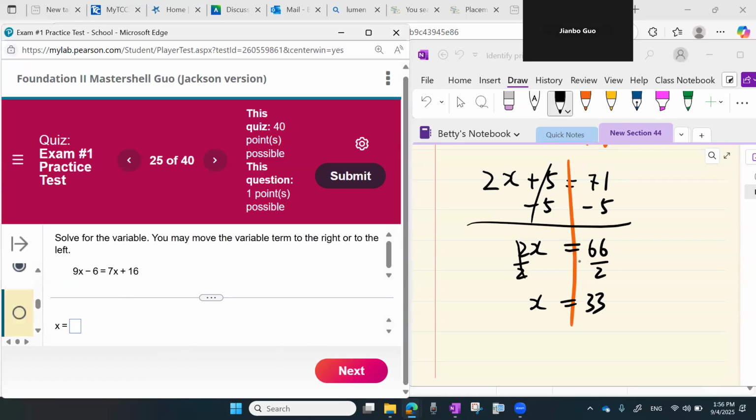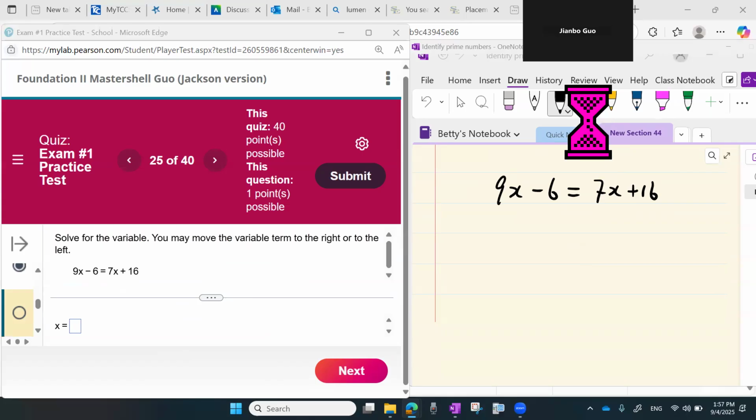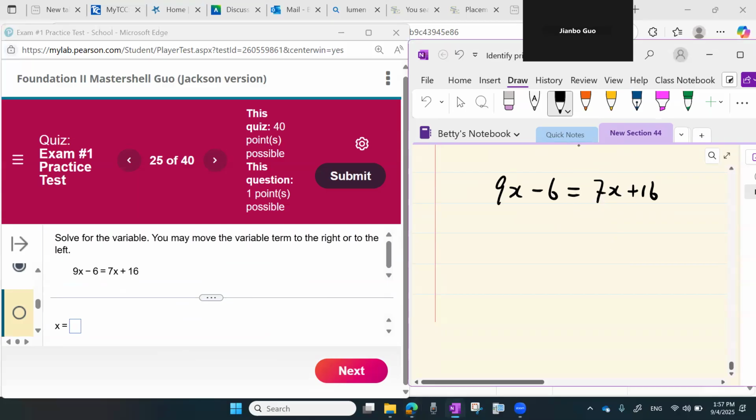Question number 25, solve the equation. And this problem is very convenient if we use the side-and-sign technique, to be honest. Let's switch the colors. I'll just use black.